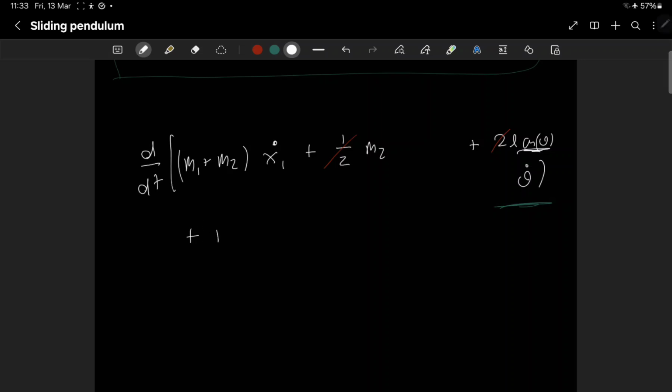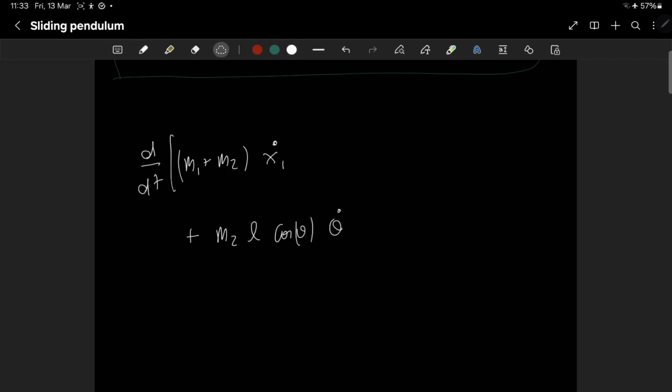Let's write it down, plus m2 l cosine theta theta dot, and all of this we can remove.